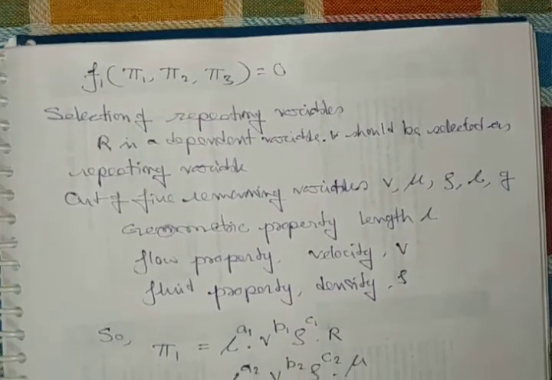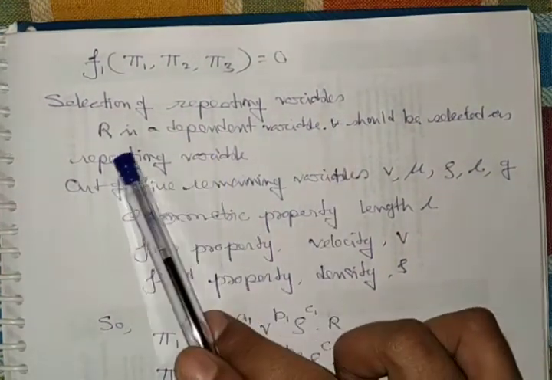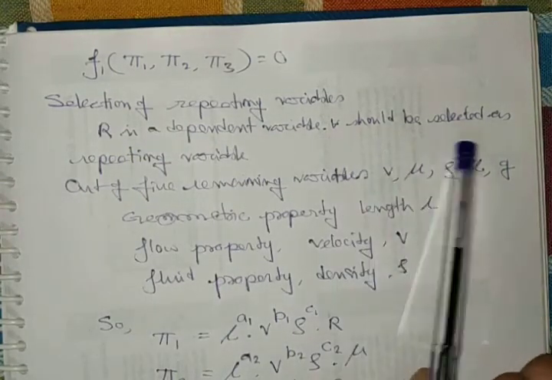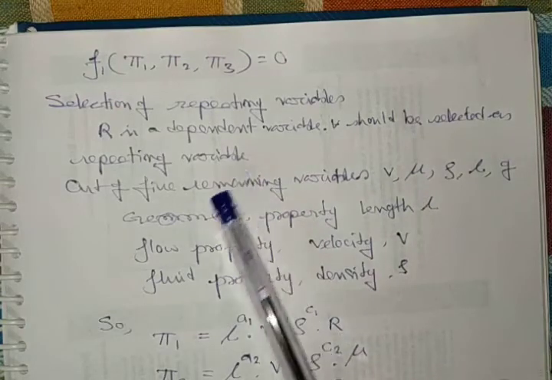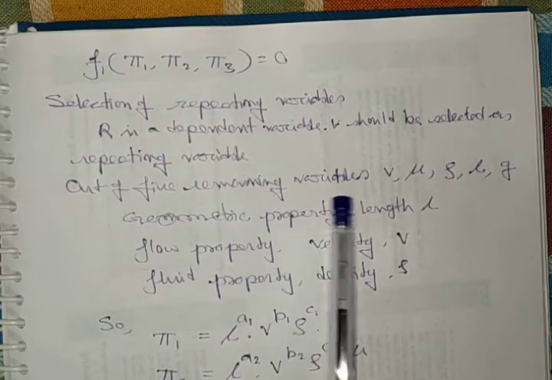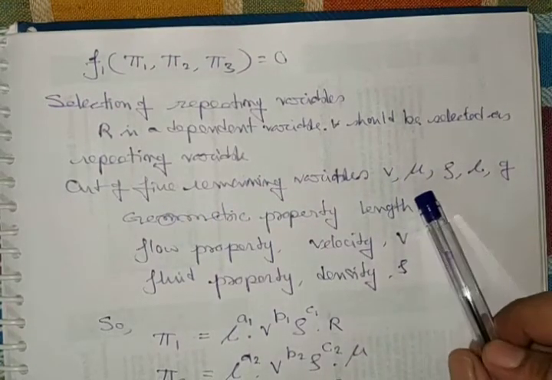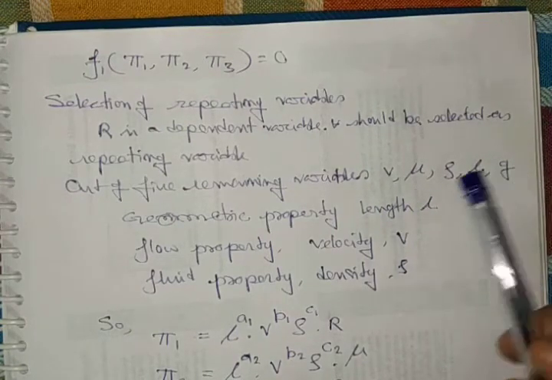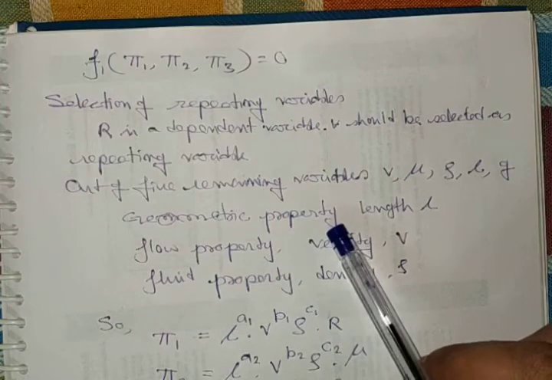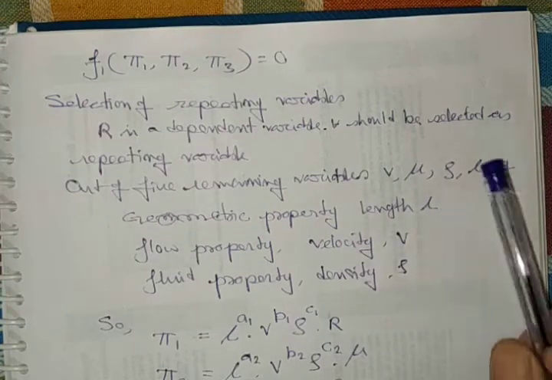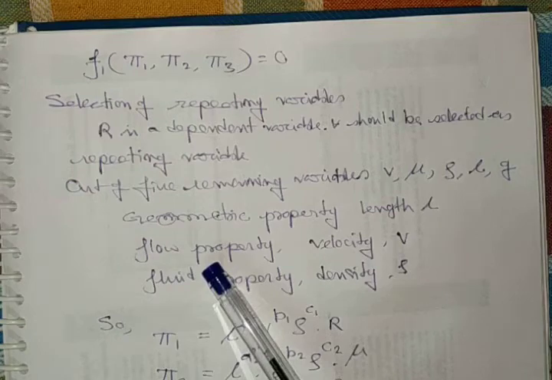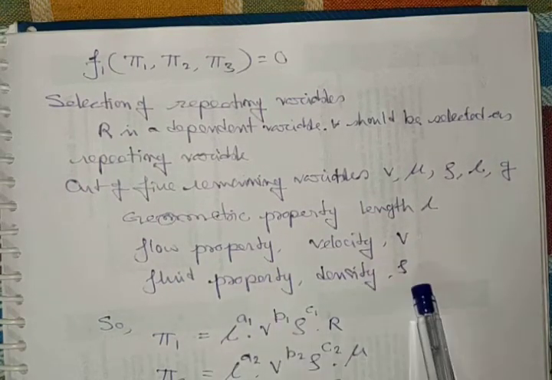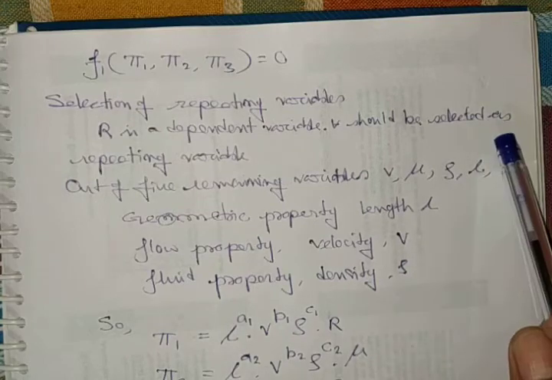So let's come to the selection of repeating variables. Here R is a dependent variable, so it should not be selected as a repeating variable. Out of the 5 remaining variables, that is velocity, viscosity, density, length and gravitational acceleration, from the geometrical property we select length L. From the flow property, velocity V is selected, and from the fluid property, density rho is selected.